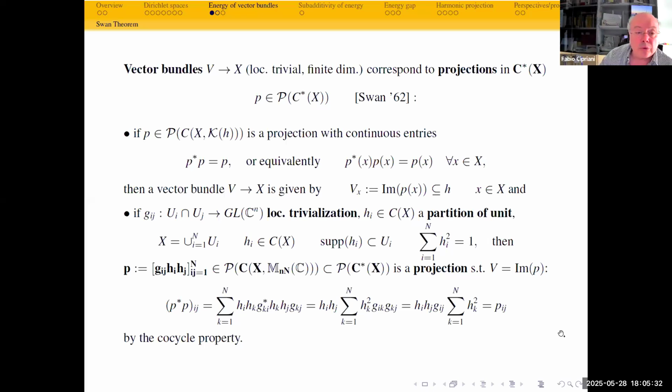So this is the connection between vector bundles and projections in this stabilized algebra. So we see that this stabilization is, even from the commutative point of view, the point of view of a geometer, of geometry, very natural to deal with.